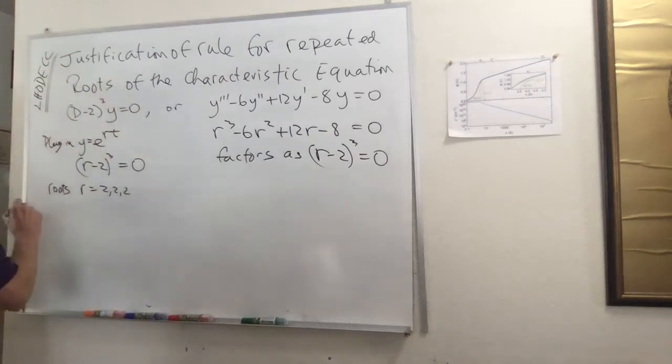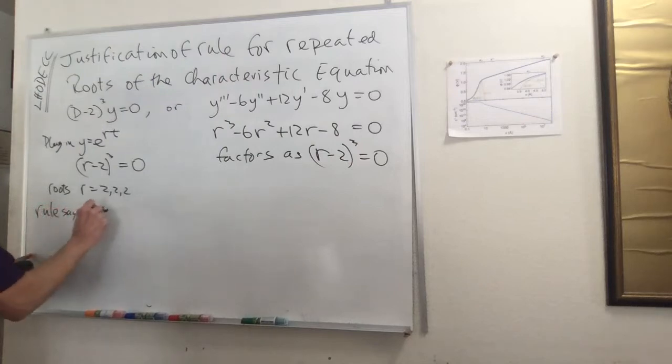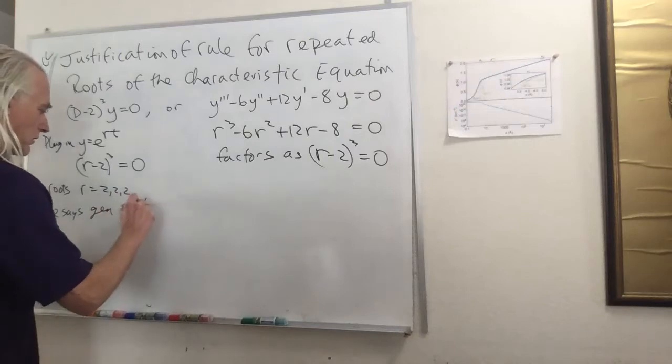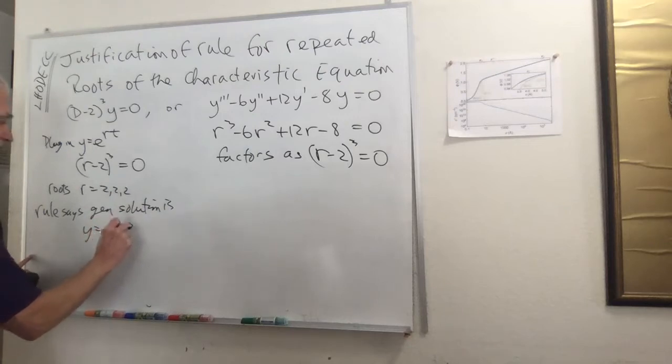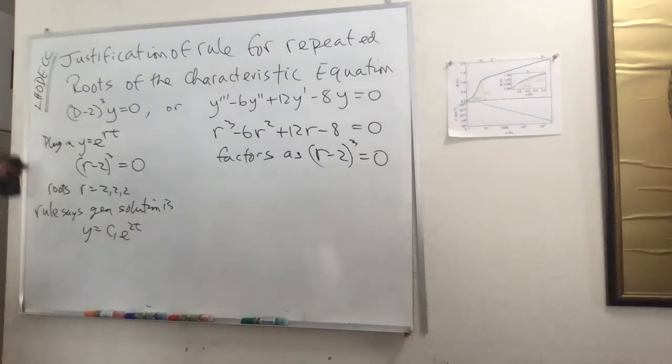So what does the rule say? The general solution is y is c1 e to the 2t, all right, because the root of 2 gives you e to the 2t.